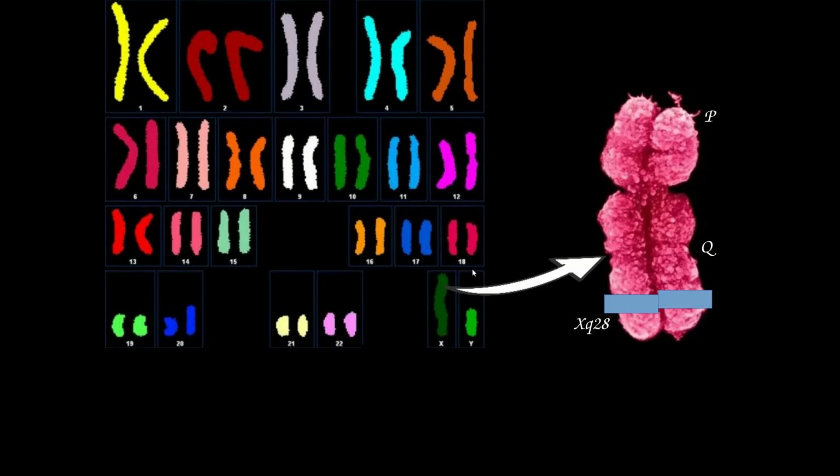So they looked at the X chromosome, and they found a zone called XQ28, which means a zone on the X chromosome, on the Q arm, at position 28, near the end. This chunk of DNA of the homosexual people was different from this chunk of DNA of heterosexual people in a statistically significant way.